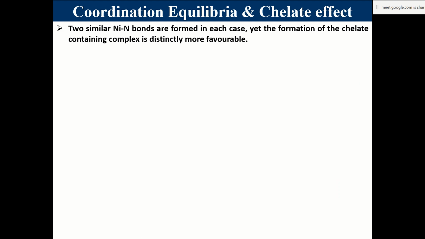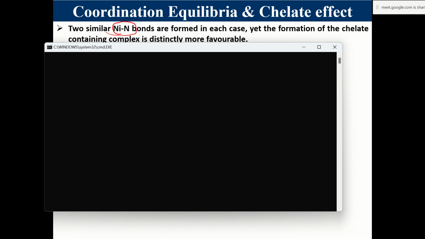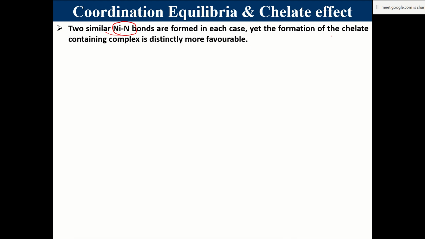In both cases it is the metal and nitrogen bond, nickel-nitrogen bonds formed in each case, but due to the formation of the chelate ring that we have seen here, the stability increases several fold.